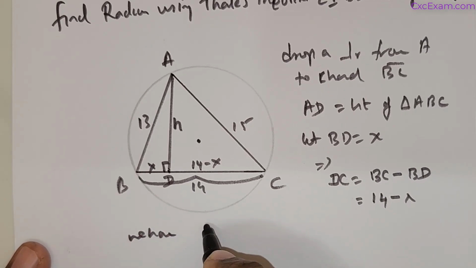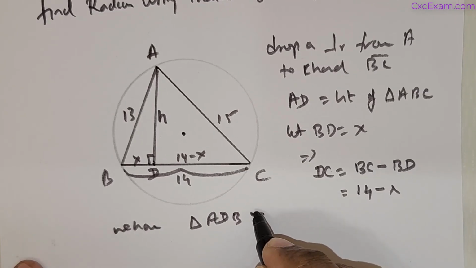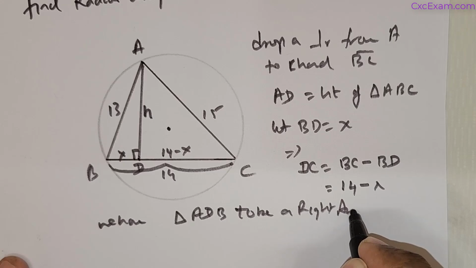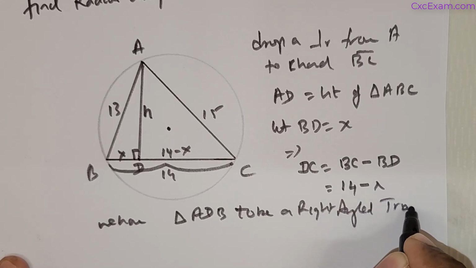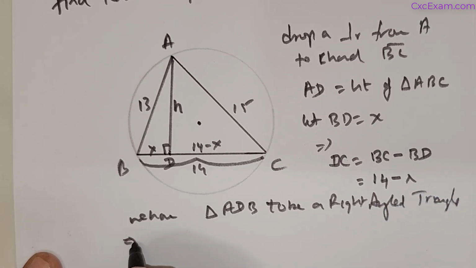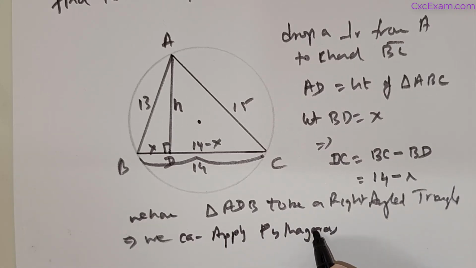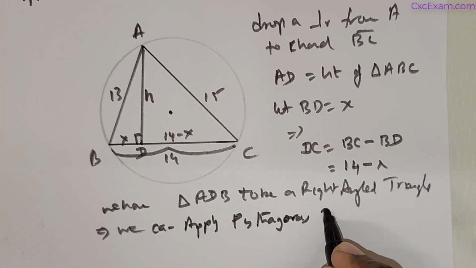So we have triangle ADB to be a right angle triangle. So this means we can apply Pythagoras theorem.